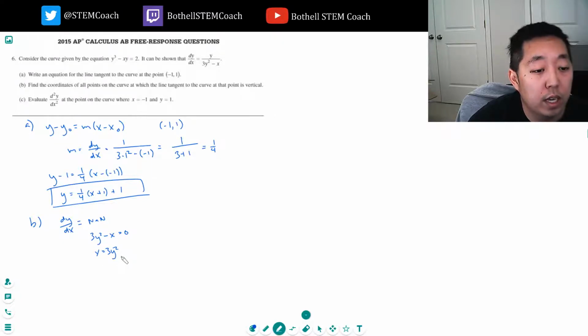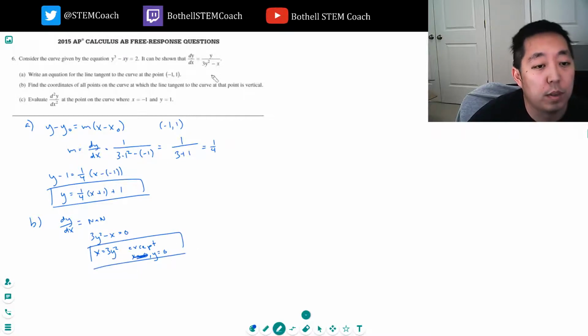Now, the only time that won't happen is when I have 0 over 0. So except when y equals 0. Sorry, just when y equals 0, because if the top is 0, then I'm not dividing by 0 there.